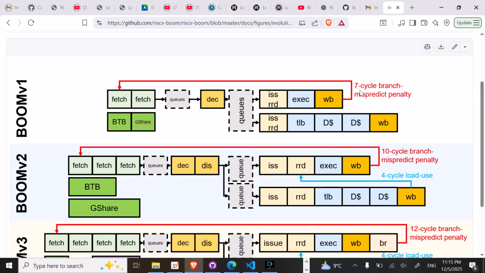As you can see, I now suffer from a much higher branch mispredict penalty. In a 5-stage pipeline, it's only like 1 or 2, and if I have multiple branch mispredictions, I add them up. But now this single-instruction branch mispredict penalty also increases, so that's bad. A few highlights here: first of all, there are 2 stages of fetch, which is quite cool, but I'm not going to go into this just yet.